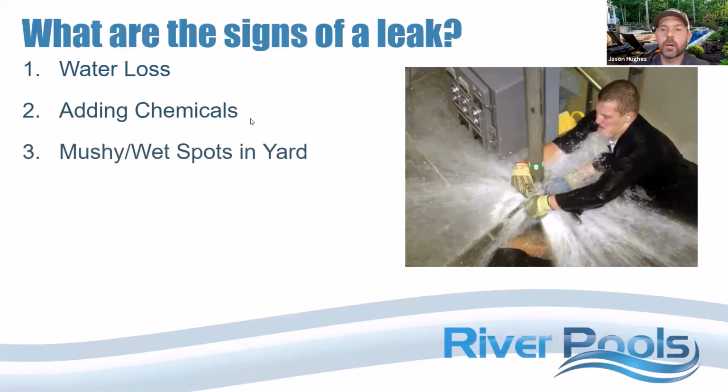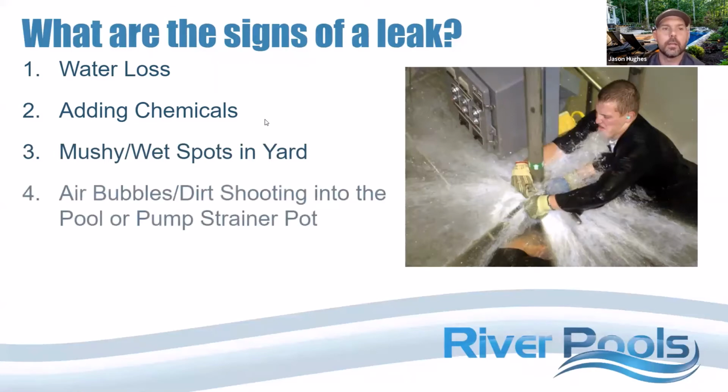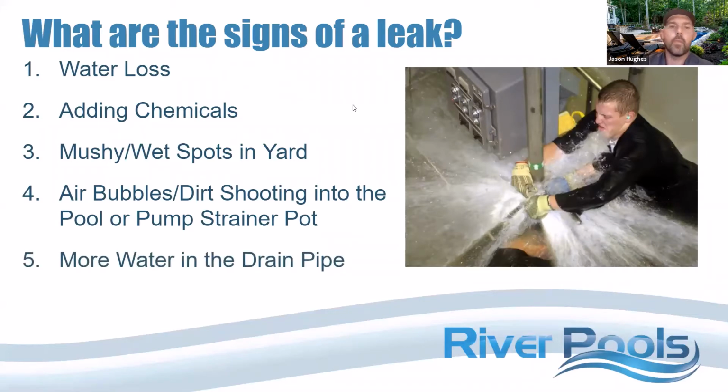Sometimes we can have mushy or wet spots in the yard. Air bubbles or dirt that are shooting into the pool or flooding into the strainer pot. And then if we have more water in the drain pipe around the outside of the pool than normal, then that might be a sign we have a leak as well.